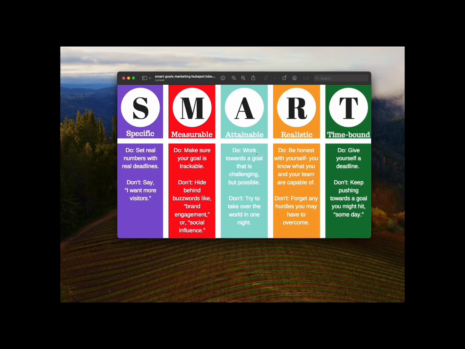Attainable means do work towards a goal that is challenging but possible. So whatever you are doing, it must be challenging, but it should be possible, right? And then it comes to realistic and time bound. So this is the abbreviation of each and every word: specific, measurable, attainable, realistic, and time bound.